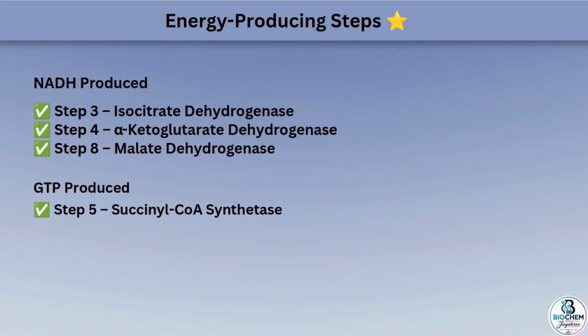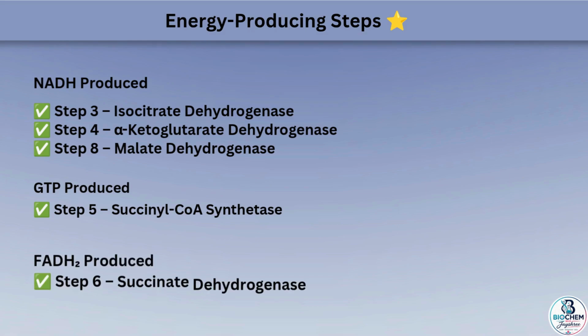GTP is produced only once during step number 5 by succinyl-CoA synthetase, and FADH₂ is produced only once during step 6 by succinate dehydrogenase. Remember this pattern: 3 NADH, 1 FADH₂, and 1 GTP.